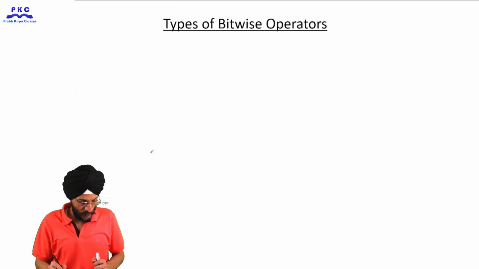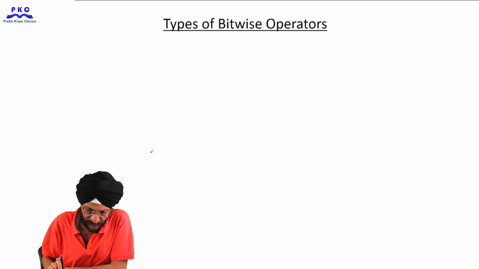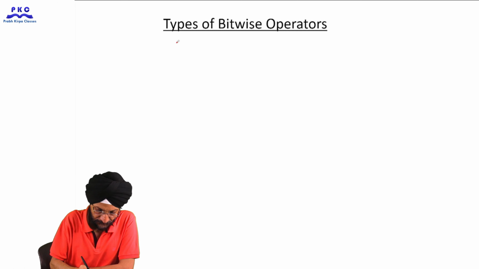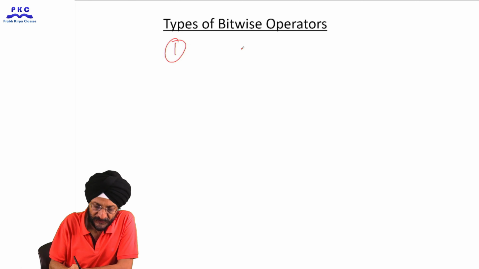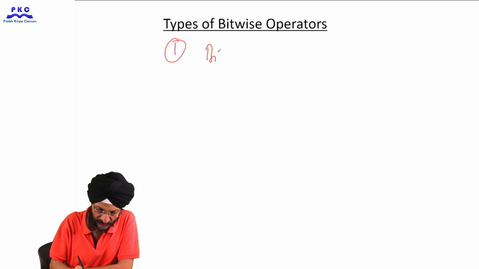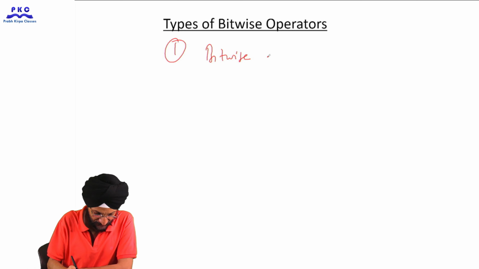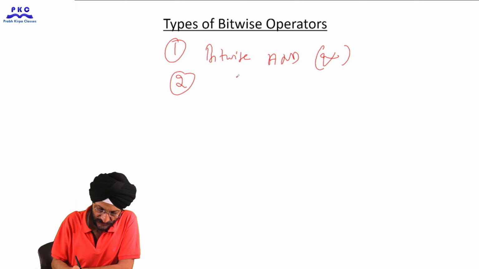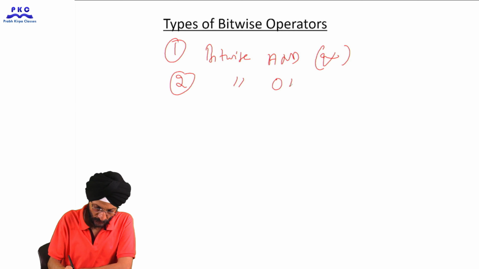Now we will understand what the different types of bitwise operators are. First is bitwise AND. This is the symbol. Another is bitwise OR.